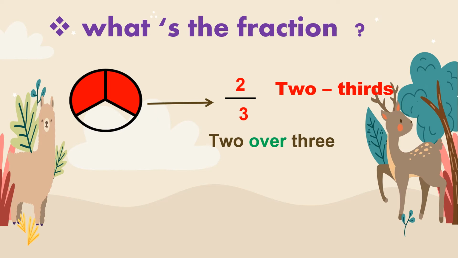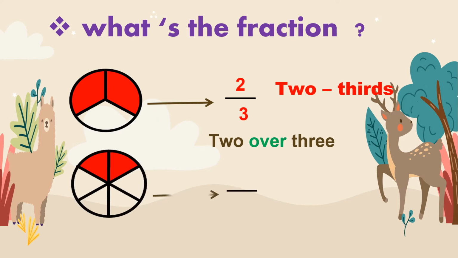Okay. Another one, if I have this shape, I have a circle and 1, 2, 3, 4, 5, 6. 6 parts and 2 of them colored and the rest not colored. Okay? How can I write this? First, we must put the fraction bar.